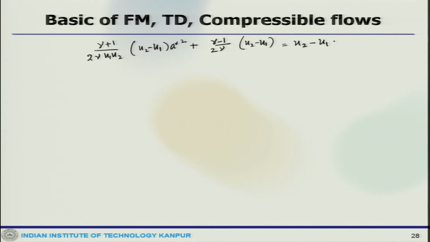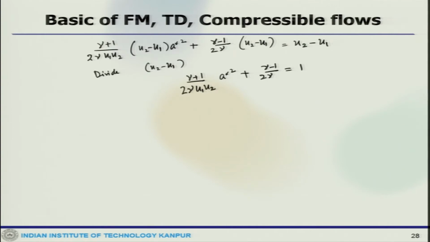So, now we divide by u2 minus u1, and what we get is (gamma plus 1) by 2 gamma u1 u2 by a star square plus (gamma minus 1) by 2 gamma equals 1.